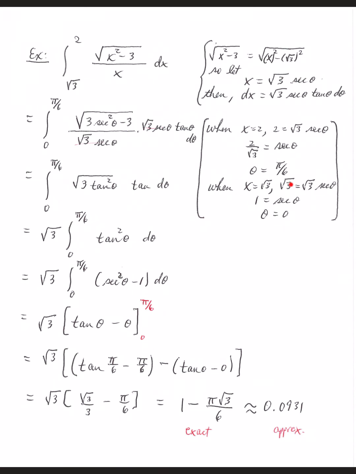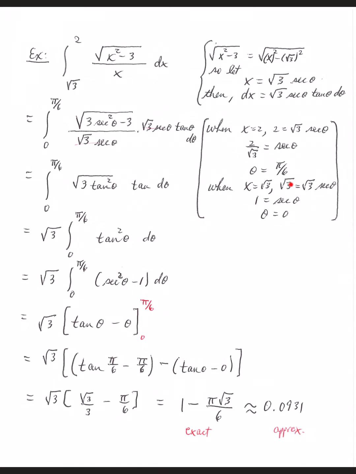The square root of 3 tangent squared theta can be written as the square root of 3 tangent theta times this tangent theta, and I forgot to put a theta on it. Let me write that in. There it is. Okay, so the square root of 3 pulls out front.